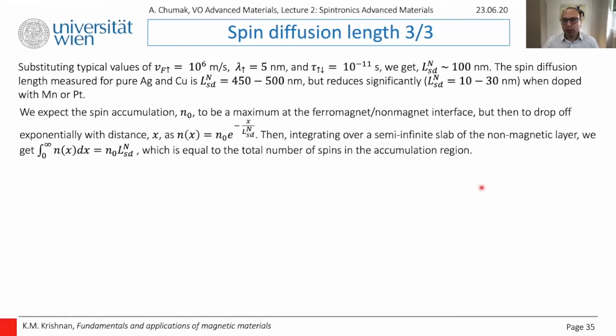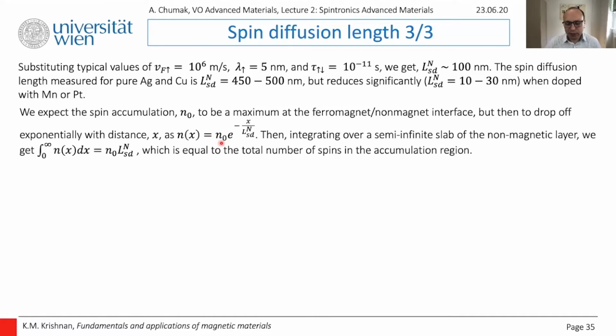The final question I would like to address here is how many spin polarized electrons do we have at the interface when we do spin injection and obtain spin accumulation. As we discussed, this x is a coordinate which goes normal to the interface, and when you inject into the normal metal, x equals 0.